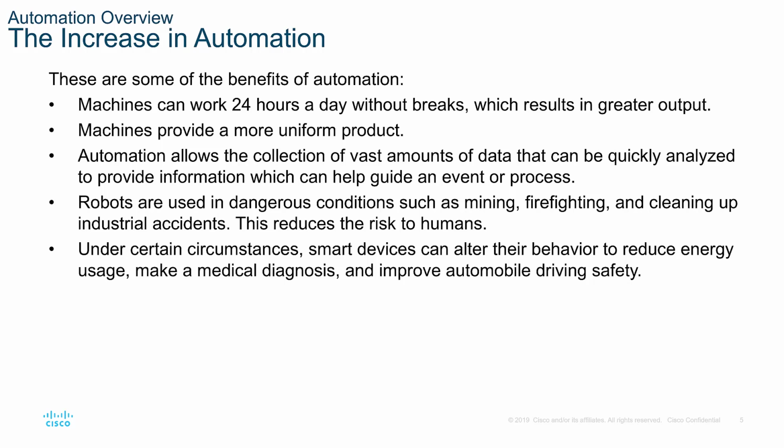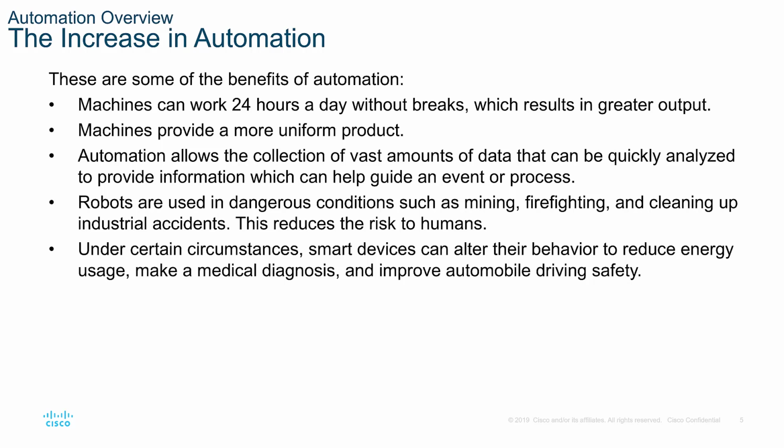Automation allows for the collection of the data. Robots are used in dangerous conditions, mining, firefighting, cleanup. When there might be a contaminant like nuclear radiation, humans can't go there, robots can. All of this allows for the reduction of risk to people.